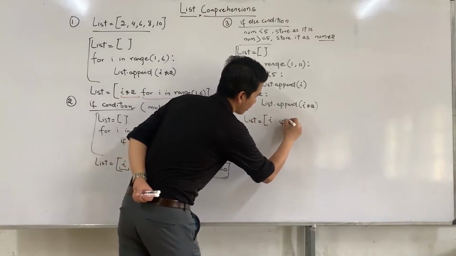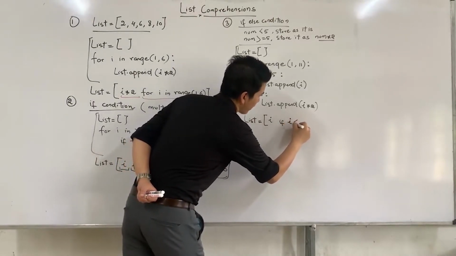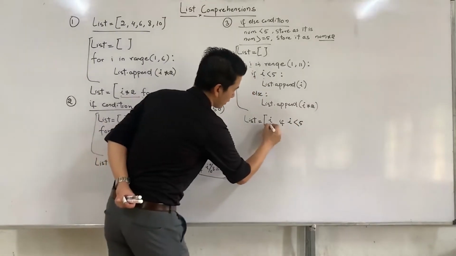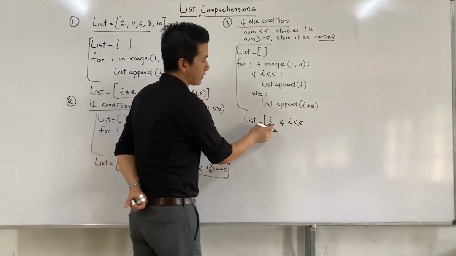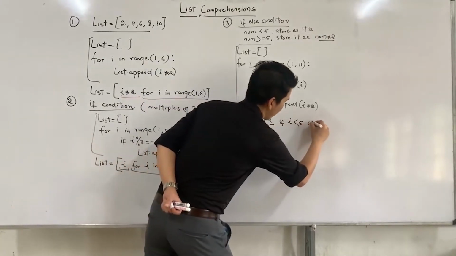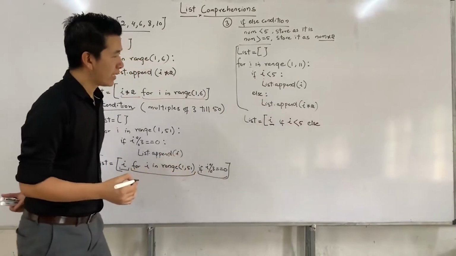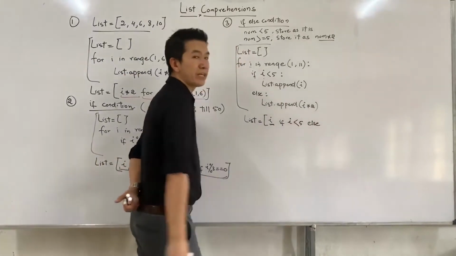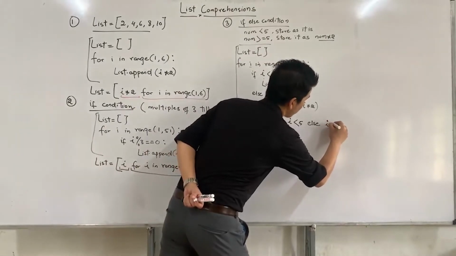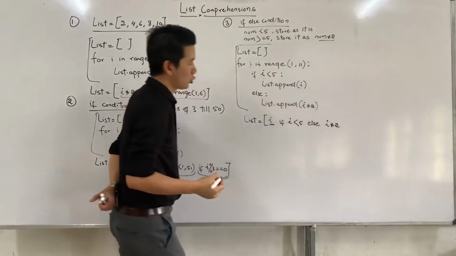You have if the value of i is less than 5. So this is the statement associated with if. And then you will have else, and then comes the statement associated with else, which is nothing but i multiplied by 2.